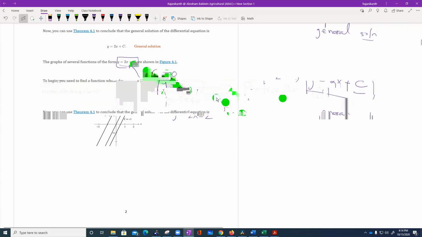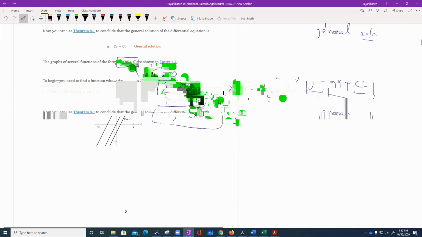This is another particular solution of the given differential equation. This is another. So there are three particular solutions, but altogether, if you write it like this, that is called the general solution of the differential equation. In most cases, they will ask you to find the general solution. We don't know c, so you simply write c here. c could be any arbitrary constant.